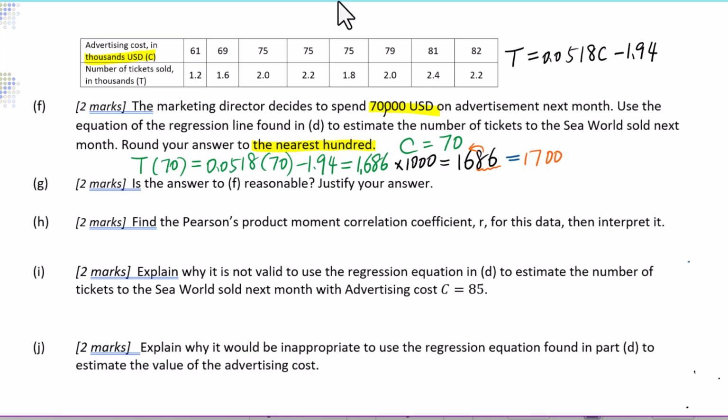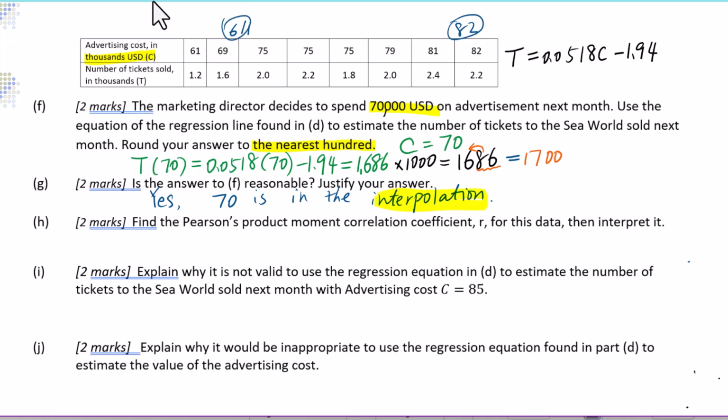is the solution. G, is answer to F reasonable? Justify your answer. Yes, it's reasonable because 70 is in the data range, or 70 is in the interpolation, because 70 is between 61 and 82.